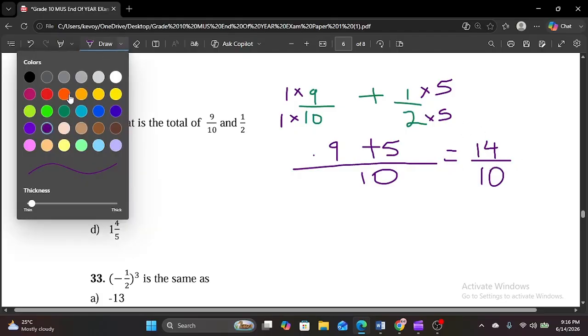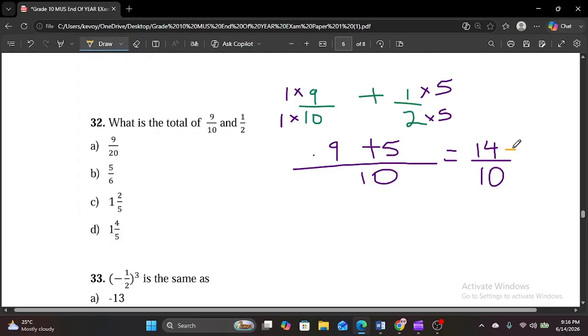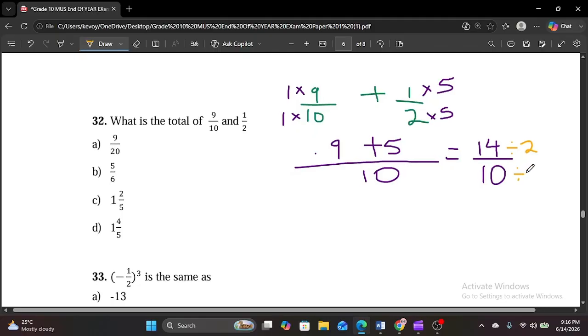Simplify means that you find what number can divide both the bottom and the top, so it must be the same number. So if I divide 14 by 2 and I divide 10 by 2, I can simplify. After we get the answer, we're just simplifying.